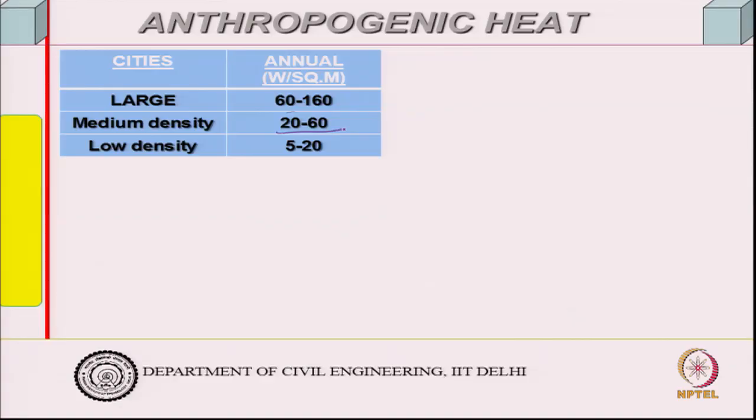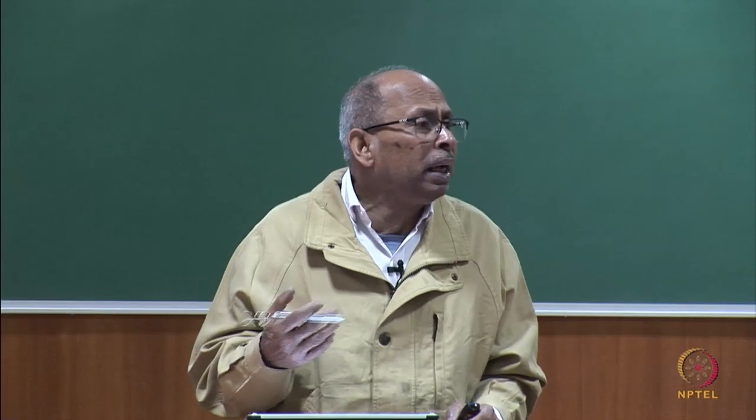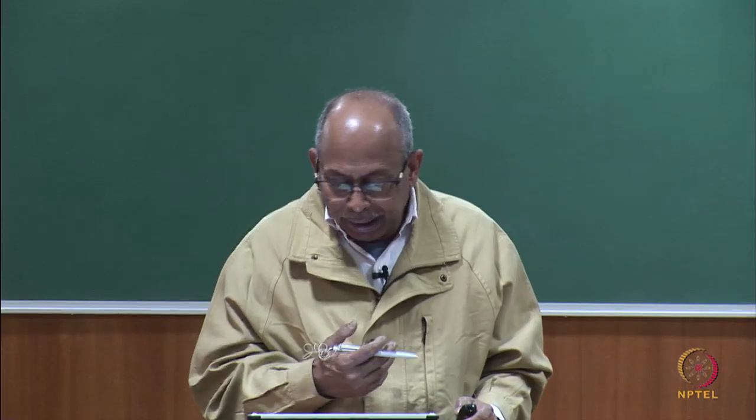And medium density population cities have 20 to 60, low density 5 to 20 watt per square meter. So, it varies; the values depend upon the population density and the kind of society as well, but we do generate some.